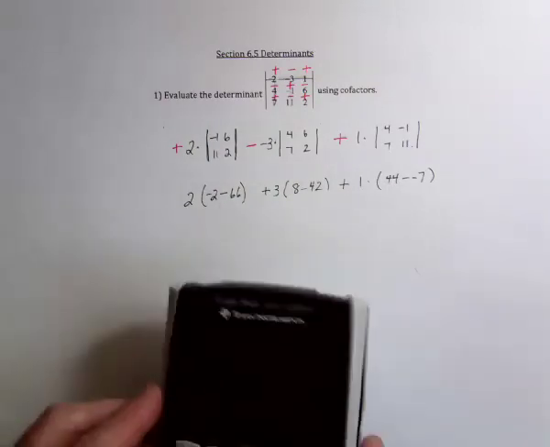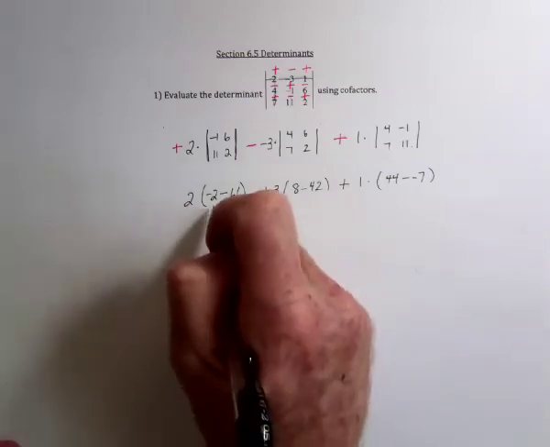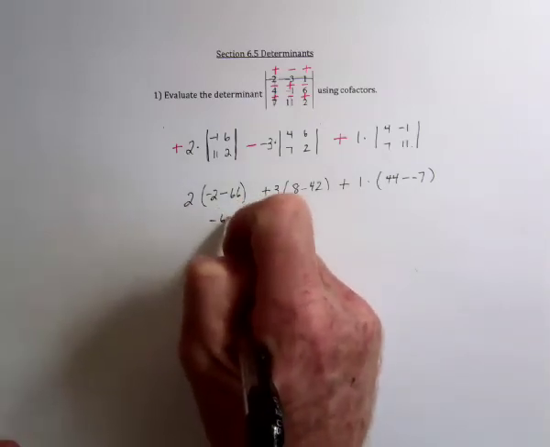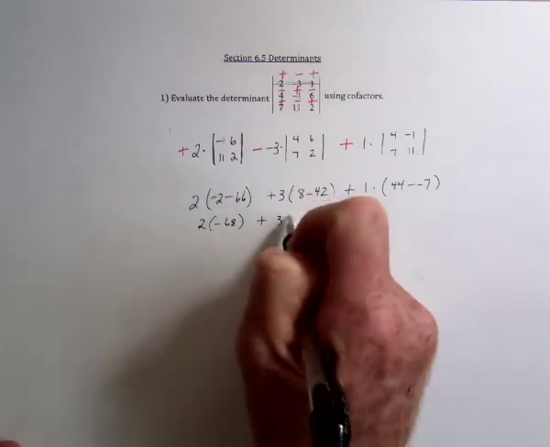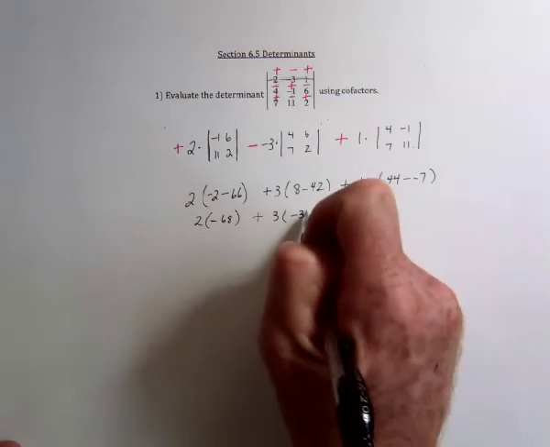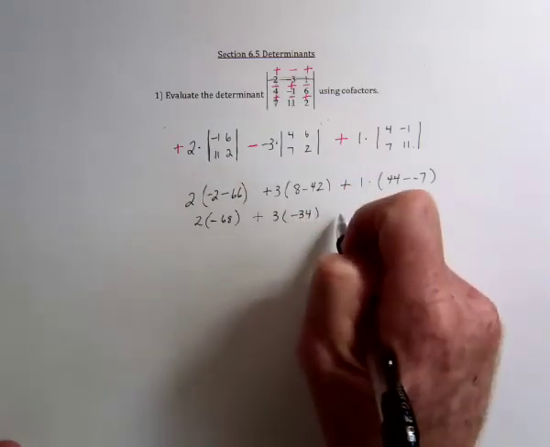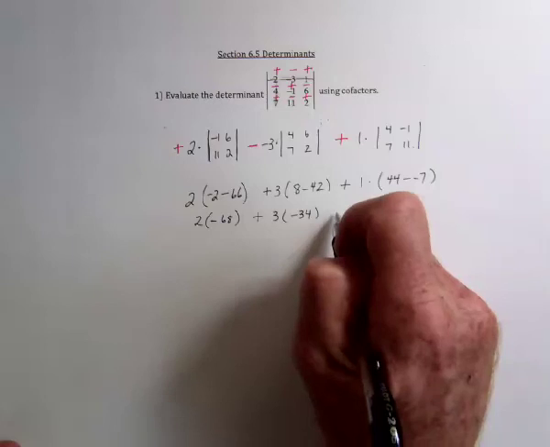So this is going to be a 2 times -68 plus 3 times -34, and then 1 times a 44 plus 7 is 51.